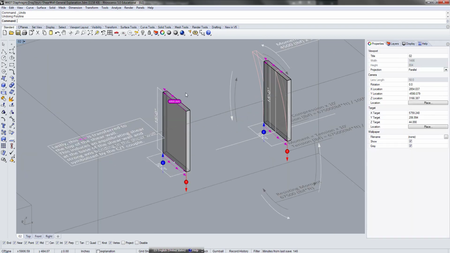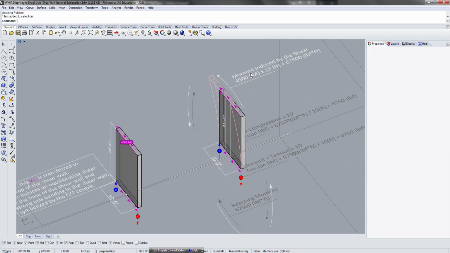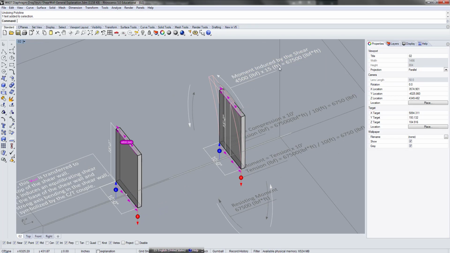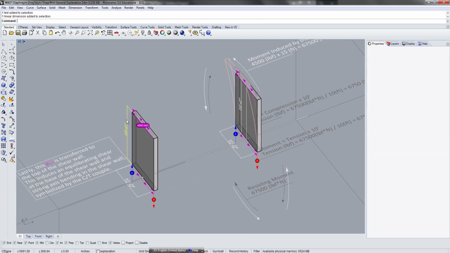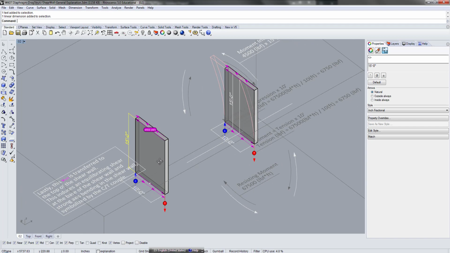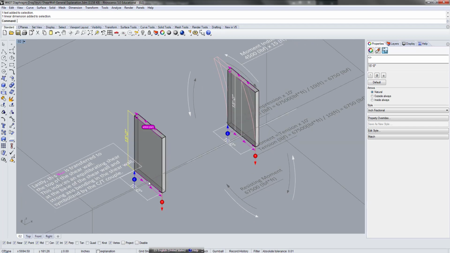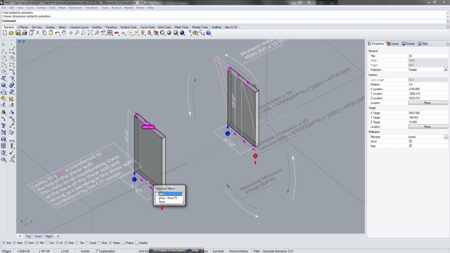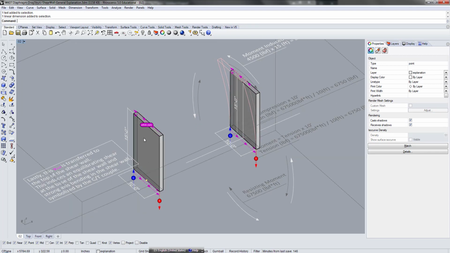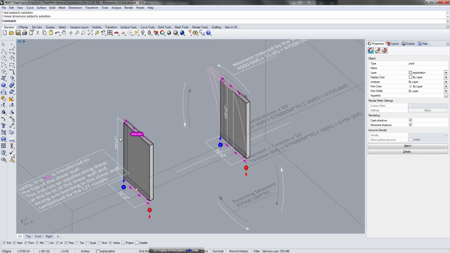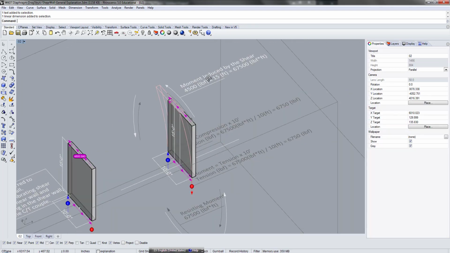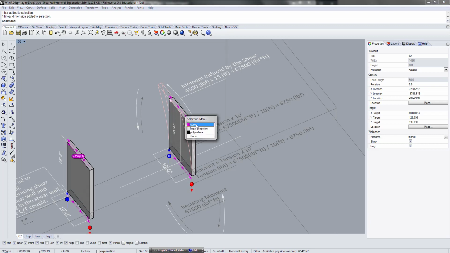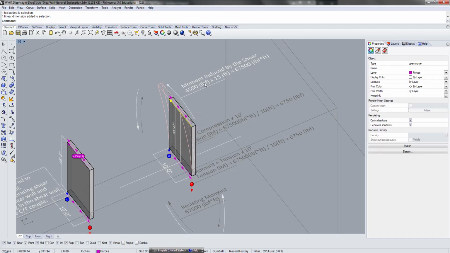So if we calculate the moment induced by that shear, the height of the wall is 15 feet. That's the perpendicular distance between the force and that point. So the moment induced by that shear at the top of the wall is 4,500 pound force times 15 feet. So whatever that number is, that's the moment.